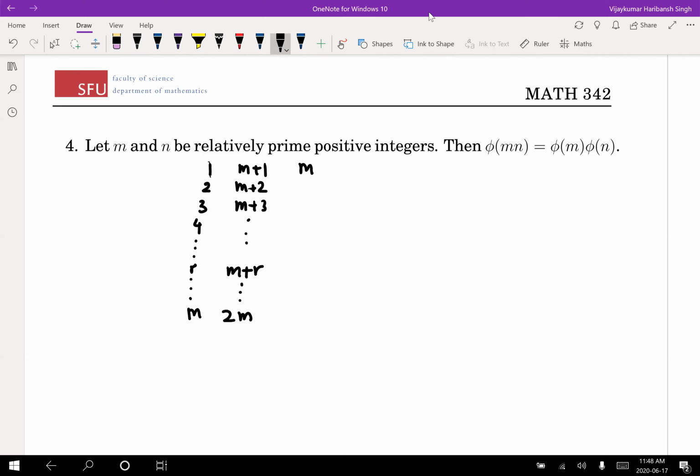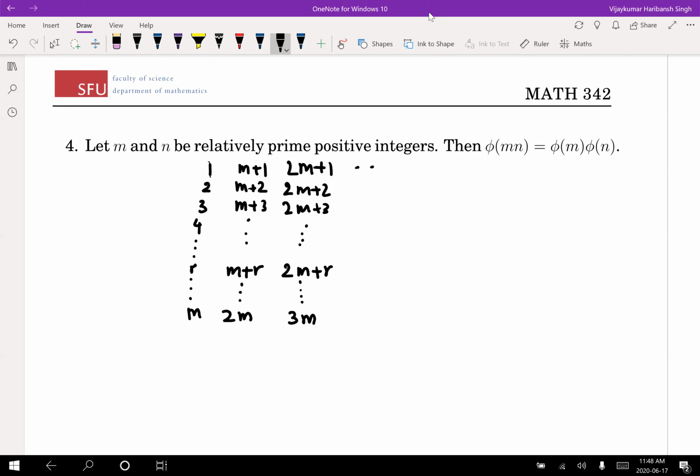Similarly, 2m plus 1, 2m plus 2, 2m plus 3, 2m plus r, 3m.